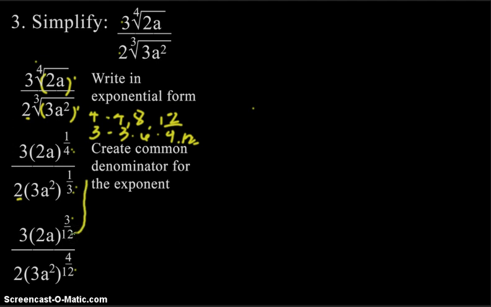So 12 divided by 4 is 3 times 1, 3. Dito sa baba naman, 12 divided by 3, okay, correct, 4 times 1 is 4. Okay, so common na sila. Then write in radical form.